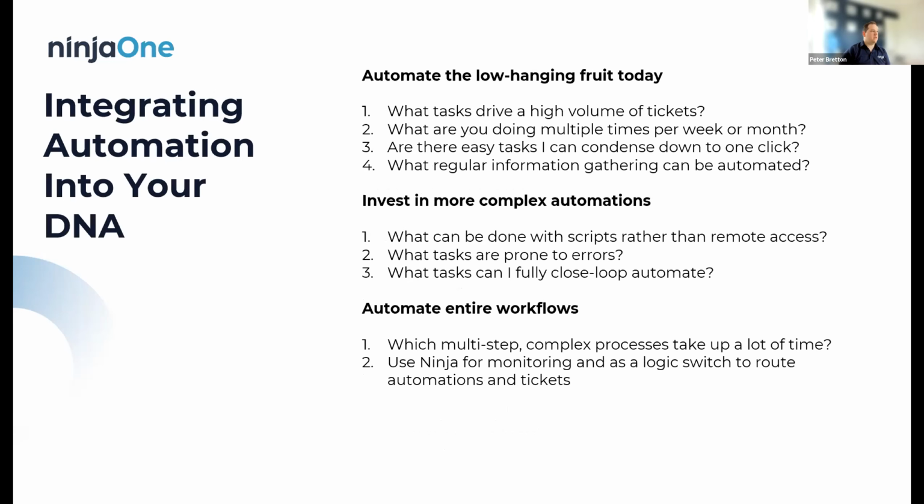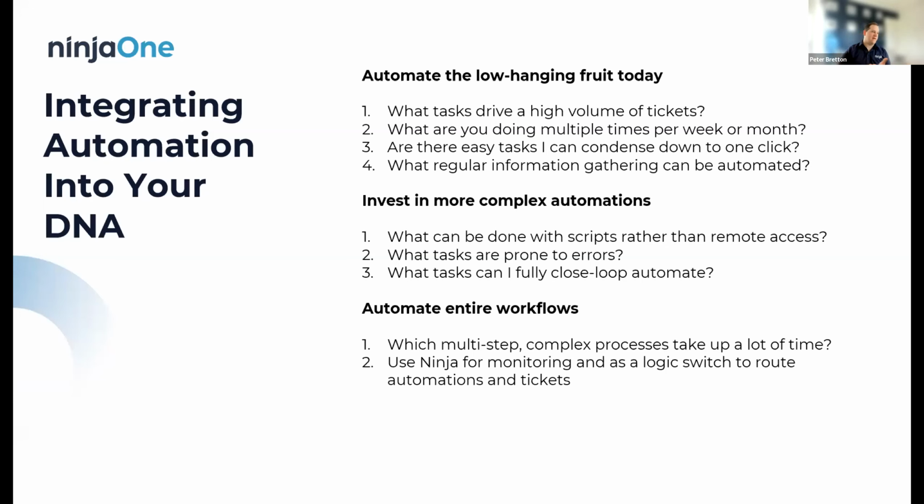In addition, we do want to talk about how you can integrate automation into your ongoing work. There are three areas that, in our research and in our conversations with customers, we see often. The first is the low-hanging fruit. This is the standard response you're going to see when you ask people what they are automating.